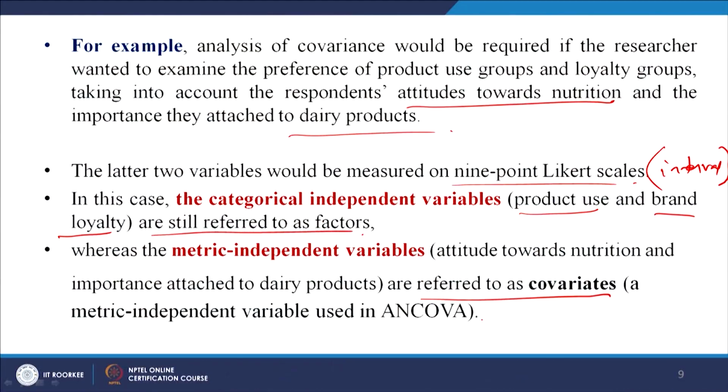The presence of a covariate is responsible for the development of the technique called analysis of covariance. So, you have a minimum of one categorical independent variable and one metric independent variable, and this presence of a metric and a categorical variable gives rise to the need for the ANCOVA technique.